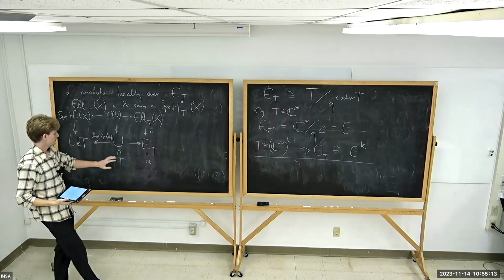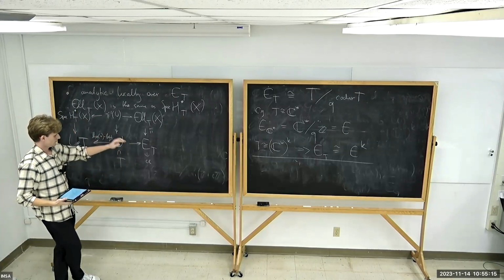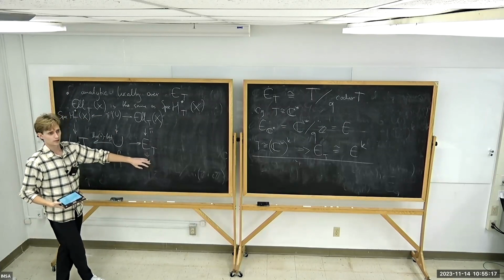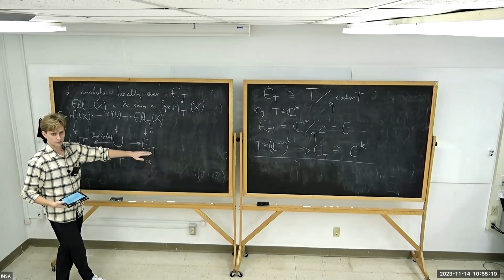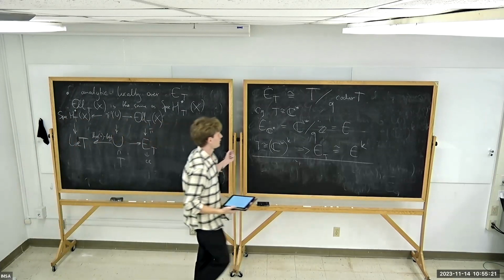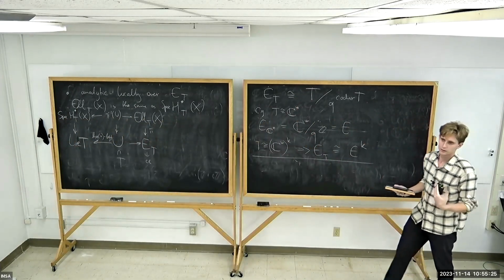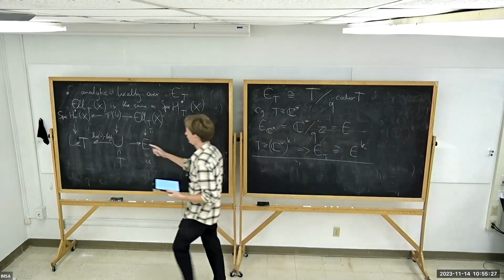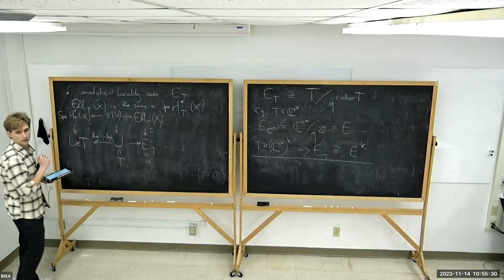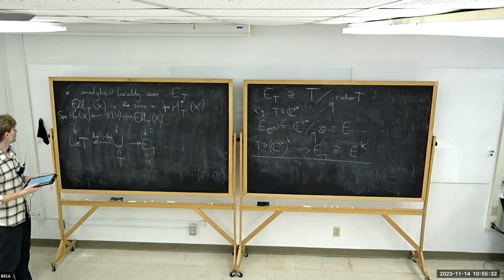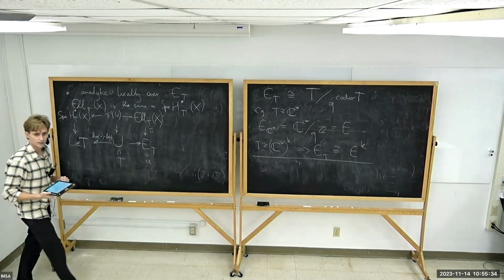So the problem with that is, if you have a point in elliptic cohomology of a point, well, this defines your point in T modulo the character lattice. So you don't know which point in here you will use to construct this diagram.